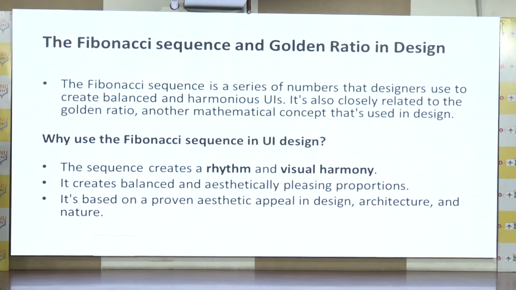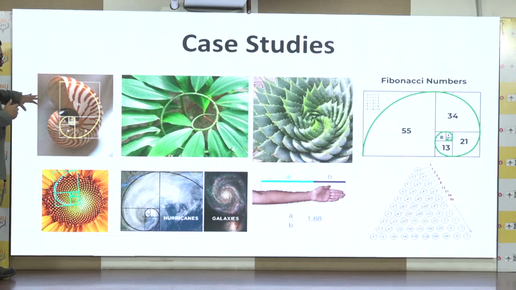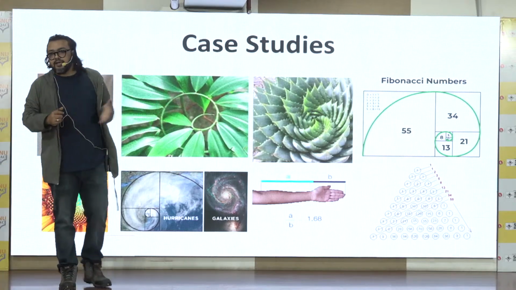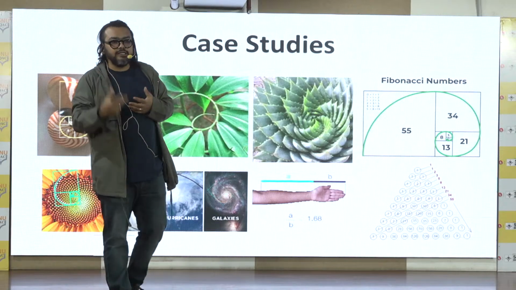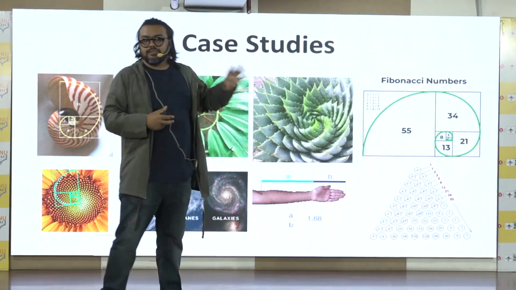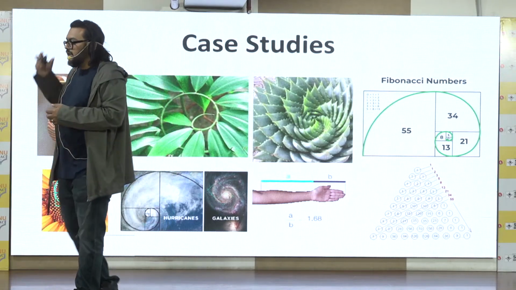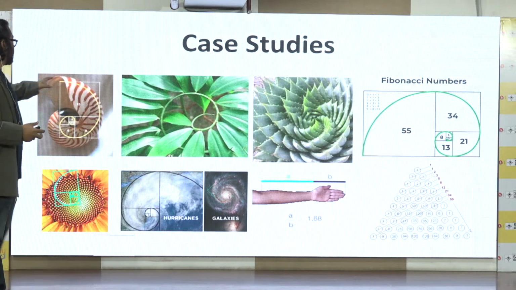So, I have talked about rhythm and visual harmony. I'll not go into that. But what I want to focus on is how nature has had the basic understanding of this way prior. And that is what we have done in our Vedas. We have only studied nature and how it has influenced design. So if we see any temple, any sculpture, we will find a direct influence from nature.